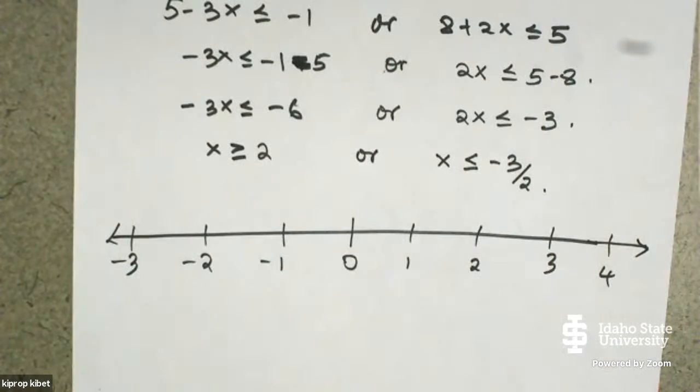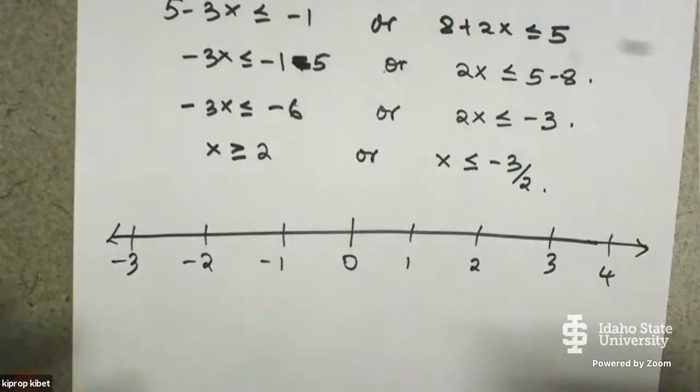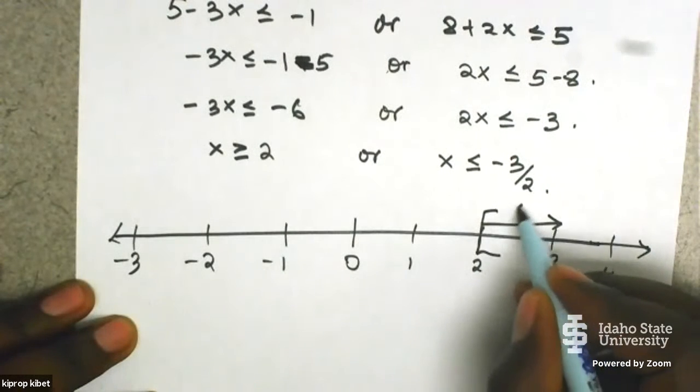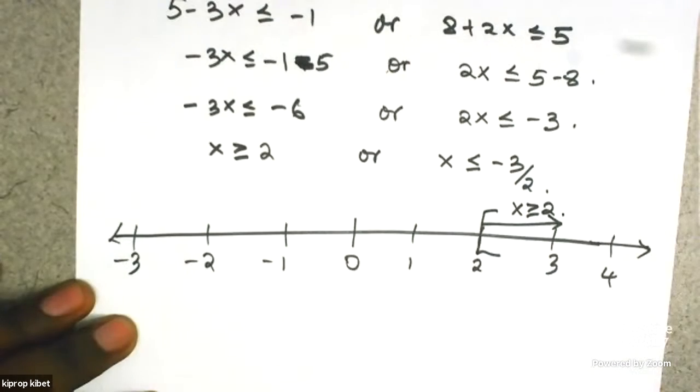Okay, so x greater or equal to 2. Where will it be? Which direction? It will go to the right. So this is x greater or equal to 2.